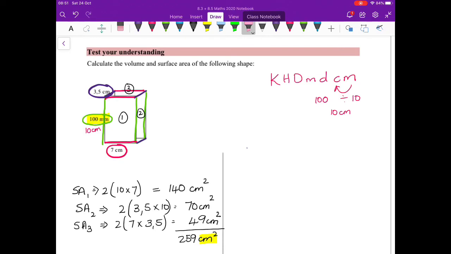Right, now let's look at the volume. And remember, I said to you, volume is area of face times the distance traveled. Right, so the area of the face, I'm going to take the area of face 1, which is going to be 10 multiplied by 7.